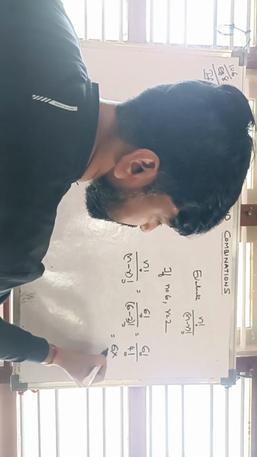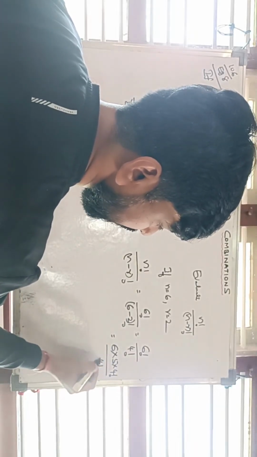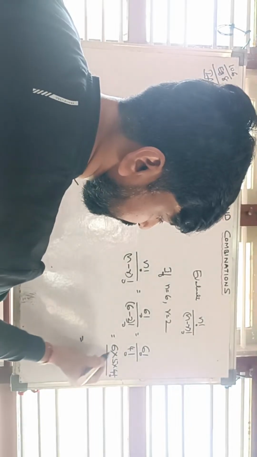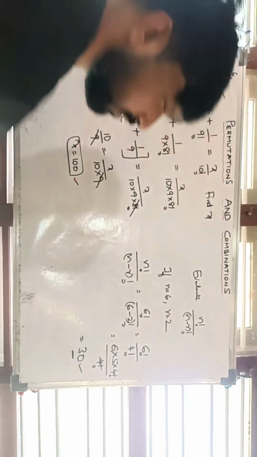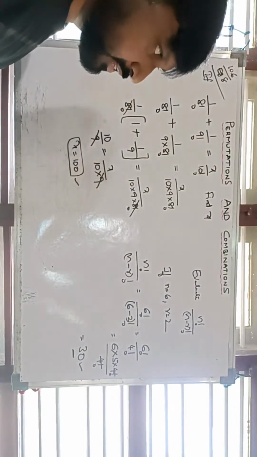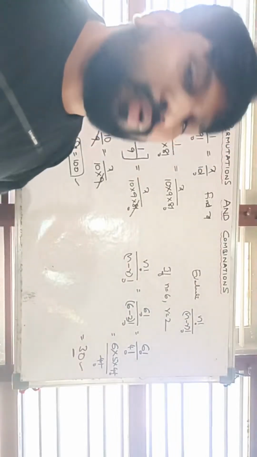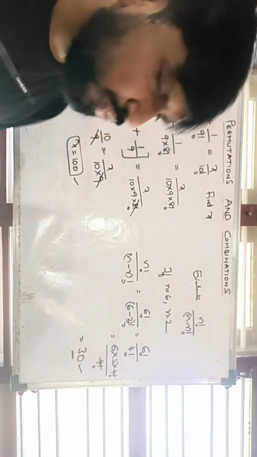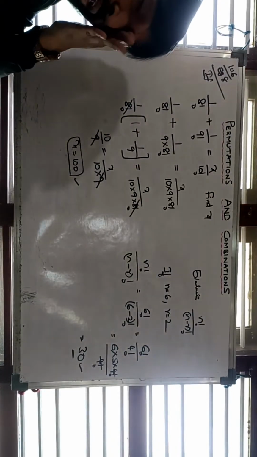The simplification is 6 into 5 into 4 factorial by 4 factorial. 4 factorial cancels. 5 6s are 30. So this is the answer. They are going to give the values of n and r separately, then accordingly you simplify. This is the notation about factorial, which is the easiest concept, friends.